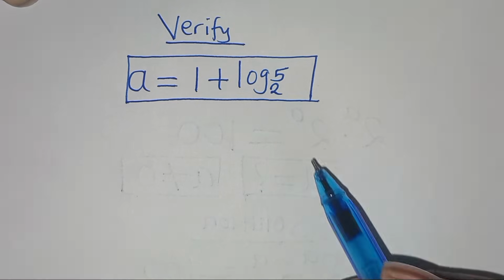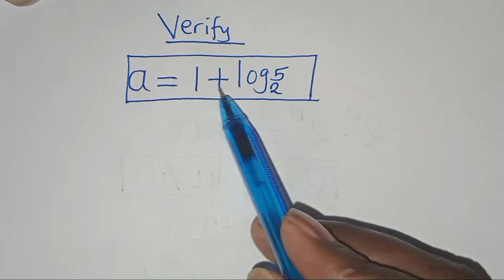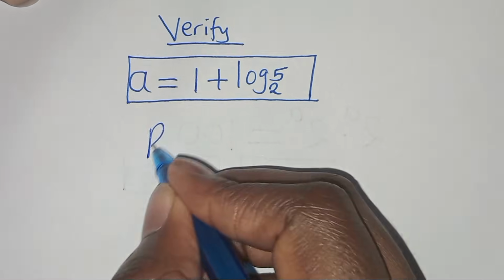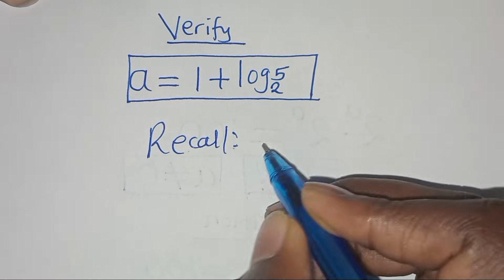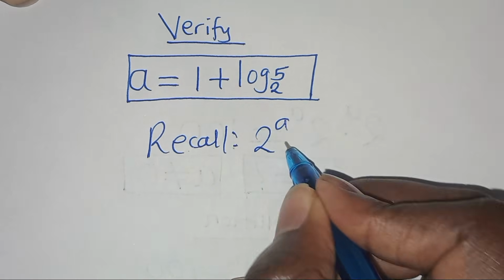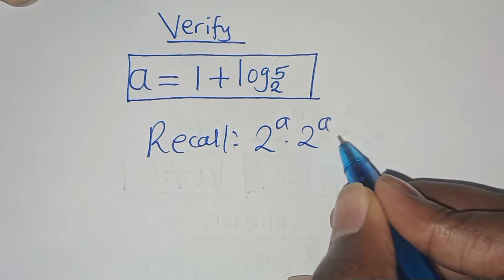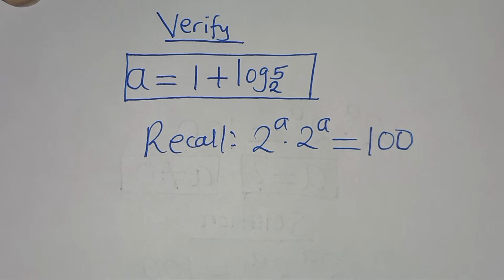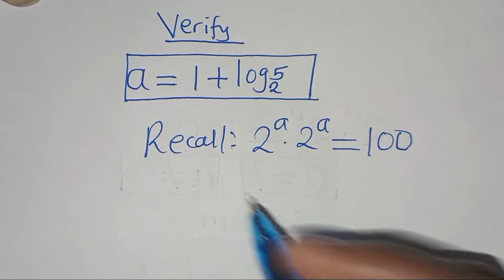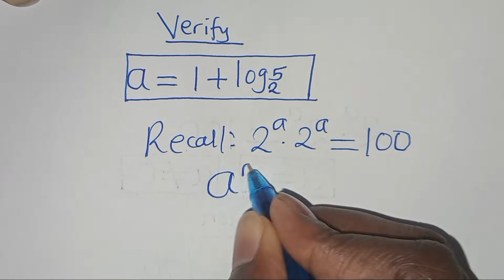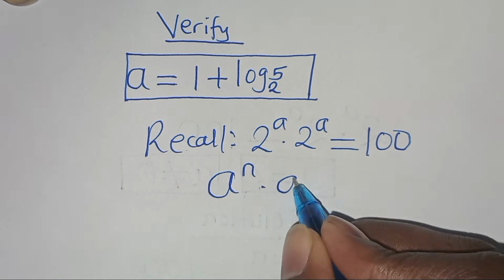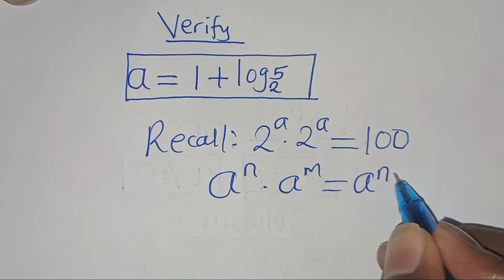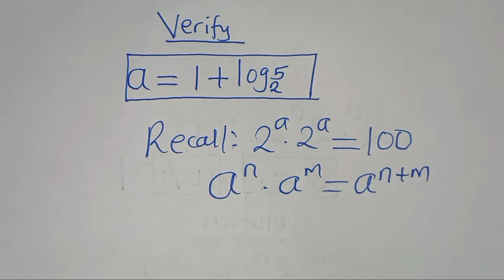So now let's verify that the value of A, which is 1 plus log 5 to base 2, actually satisfies the equation. If you recall, we have that 2 to the power of A times 2 to the power of A is equal to 100. This is in the form of A to the power of n times A to the power of m, which can be expressed as A to the power of n plus m.